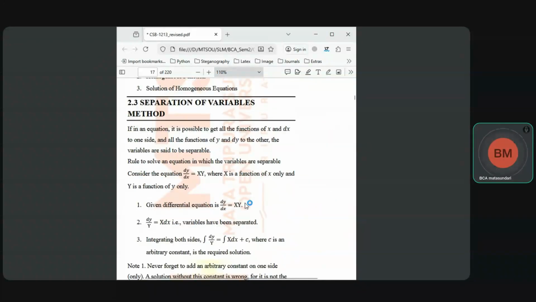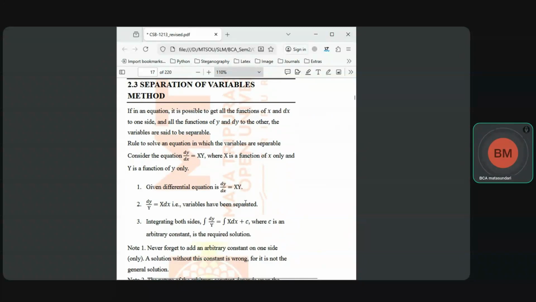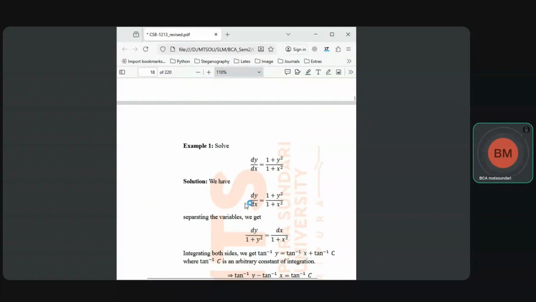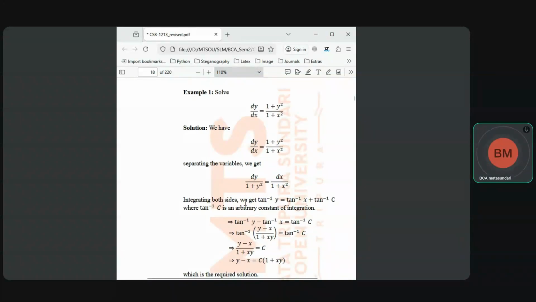Moving next, example: solve dy by dx equal to (1 plus x) y square by (1 plus x square).